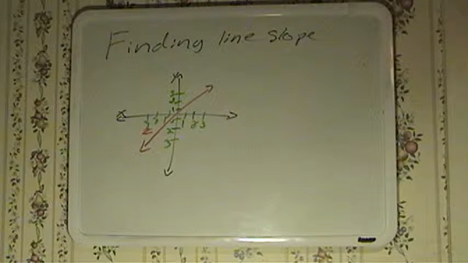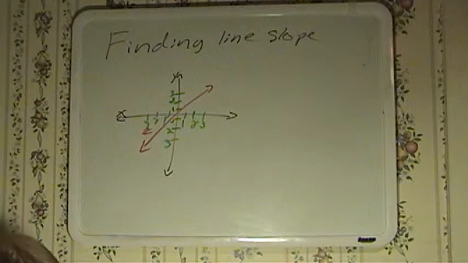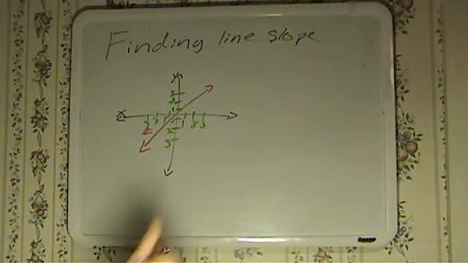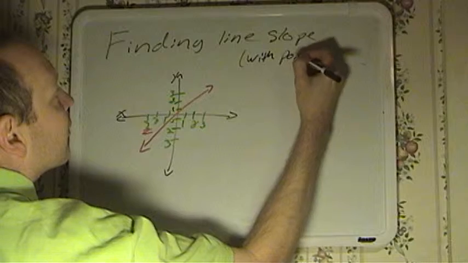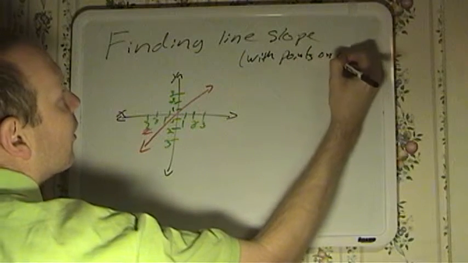So if we look at some points on this line, and this is figuring slope given points on a line, let me make a note of that. Finding slope with points on the line.